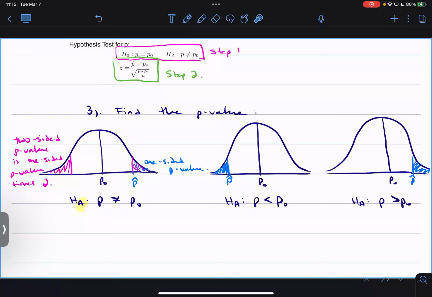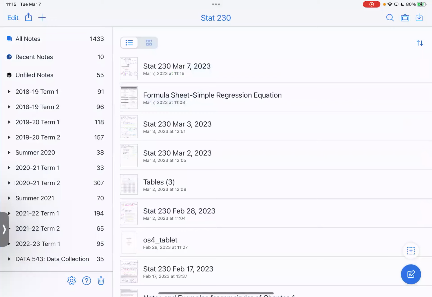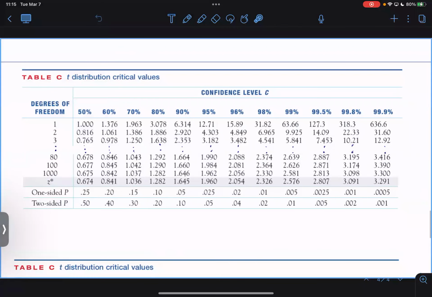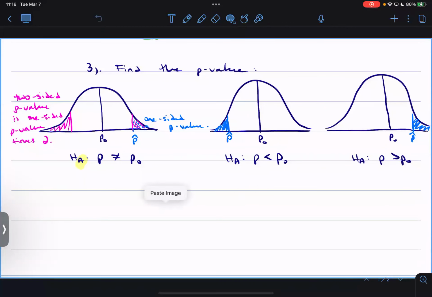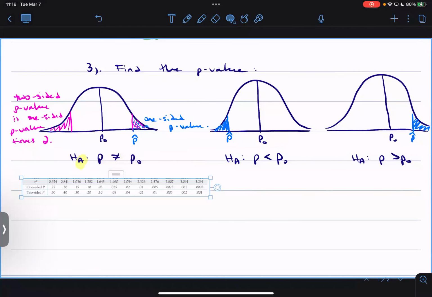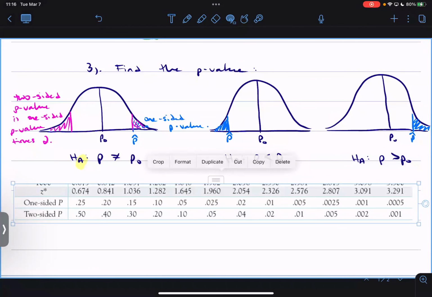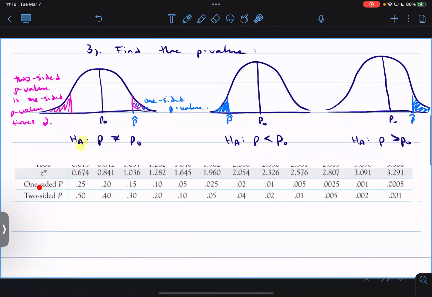Of course, on your table, it's already done the work for you. If you want a one-sided p-value, then the range is going to be somewhere on this first or second line.